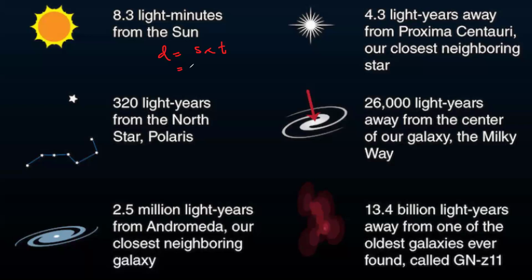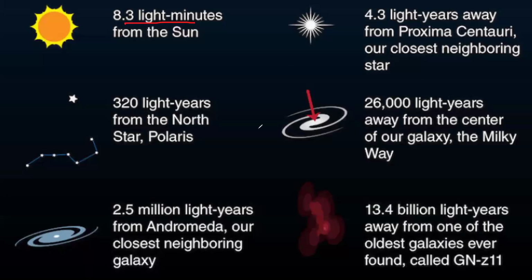The speed of light is 3 into 10 to the power 8. And now the time is in minutes. So you'll have 1 minute, which has 60 seconds. So you just multiply by that ratio. But usually they don't ask you to convert light minutes. They usually ask to convert light years into meters.